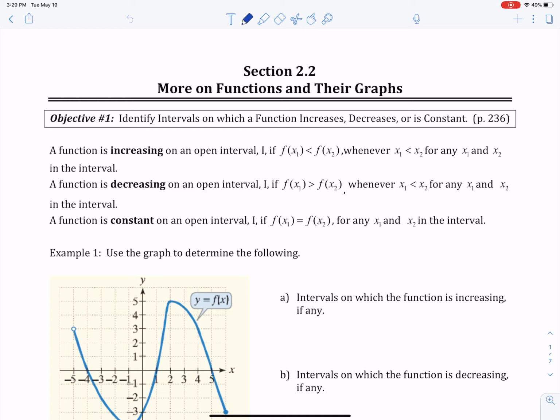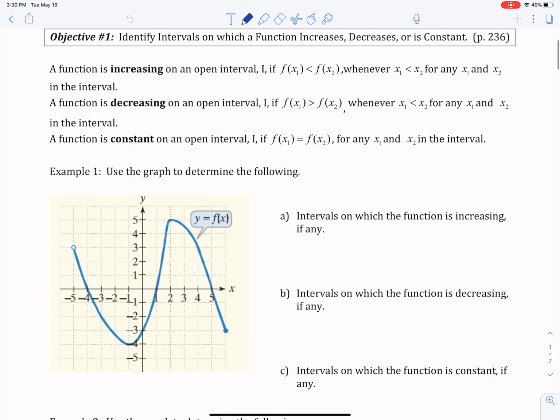The function is increasing on an open interval I if the function value at the beginning x value is less than the function value at the next x value. So that is, x sub 1 is less than x sub 2.